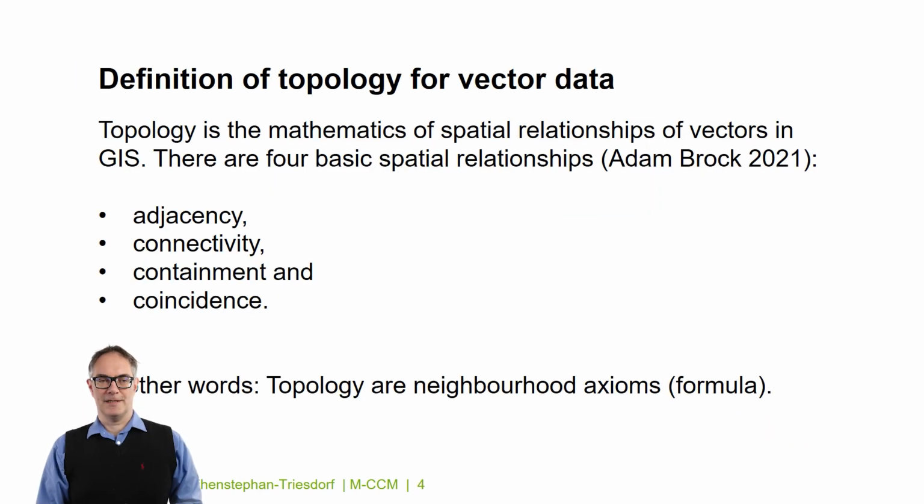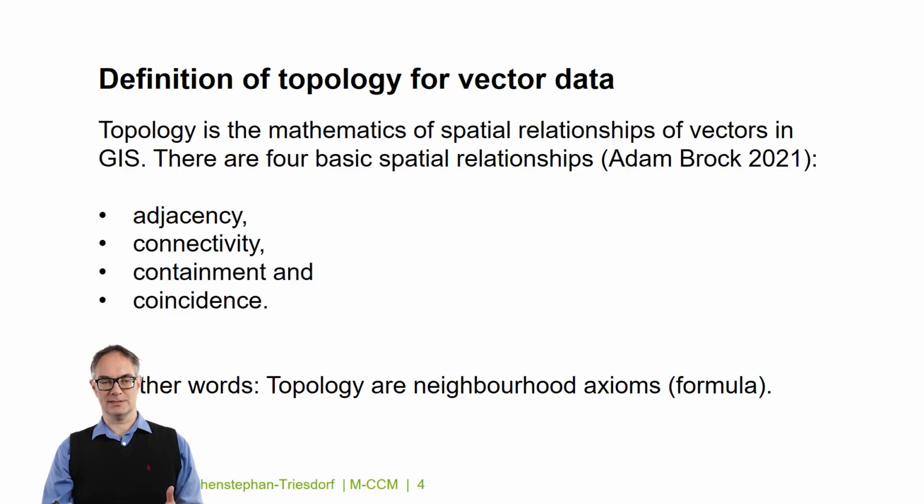With vector data, there is an important concept you need to know: topology. Topology describes the spatial relationships between different vector elements, for example, points, lines, polygons. And these elements or their spatial relationship can be described through proximity, adjacency, that they intersect or overlap, or containment.